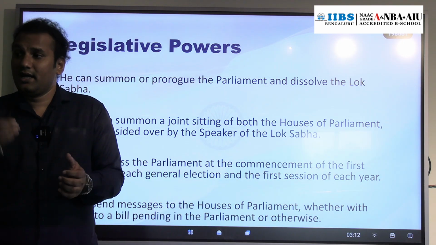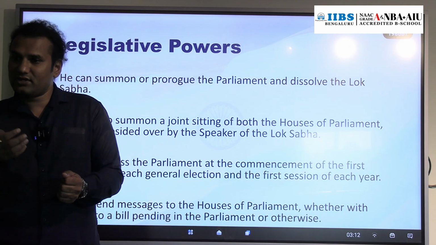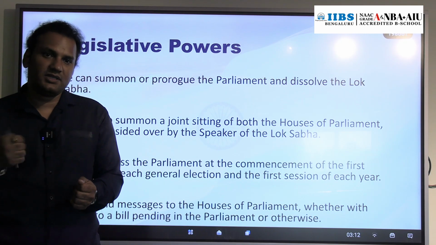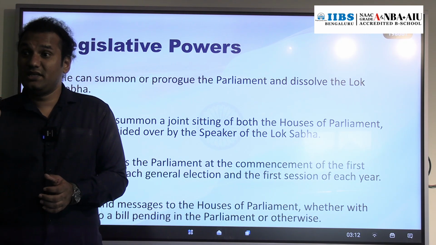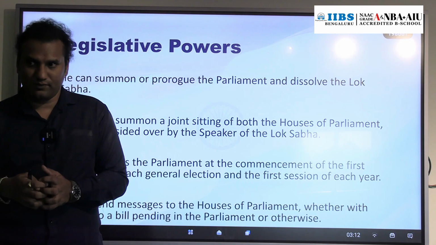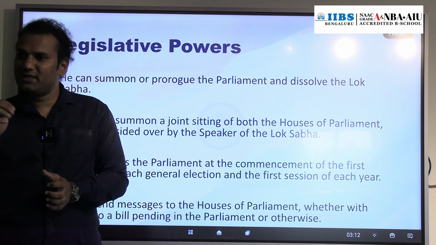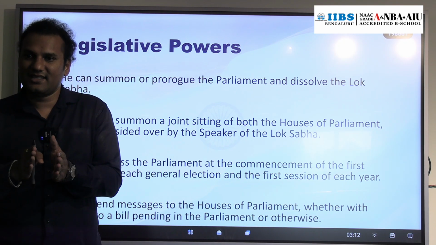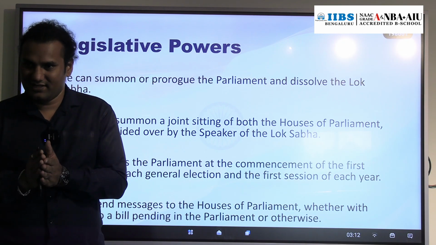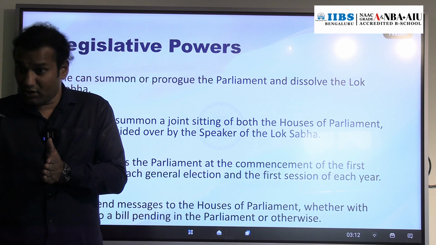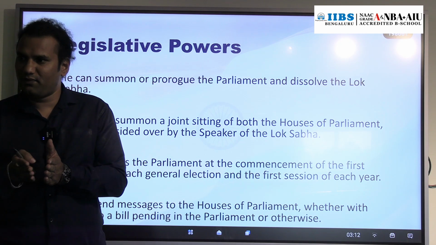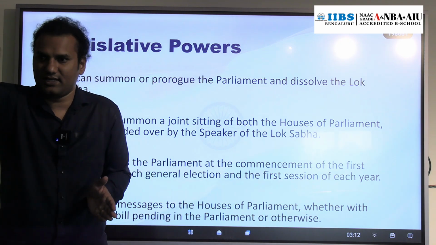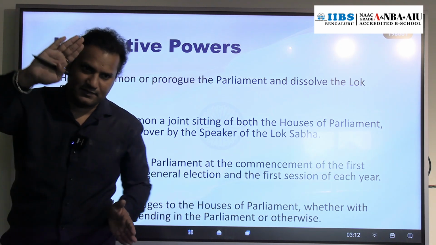Now suddenly, TDP and Nitish Kumar's party withdraw the support to the BJP. At that time, what will happen? BJP doesn't have the majority to prove, right? So what can BJP do? BJP can search for other parties for support. If that is possible, then BJP again forms the majority and can continue the government.